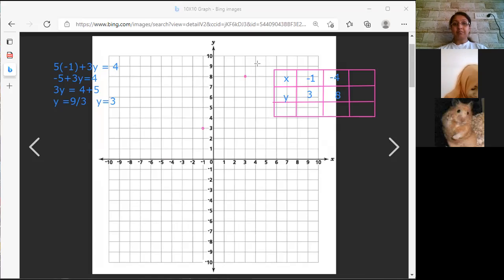Draw a line that passes through both the points. One moment. It got moved. See, it has to pass through the points.